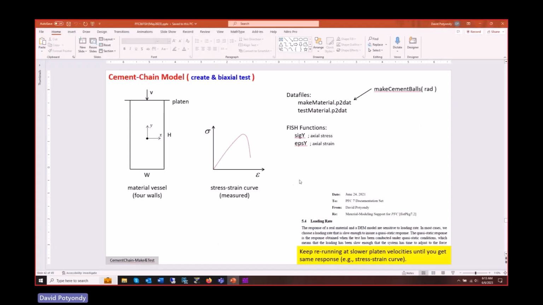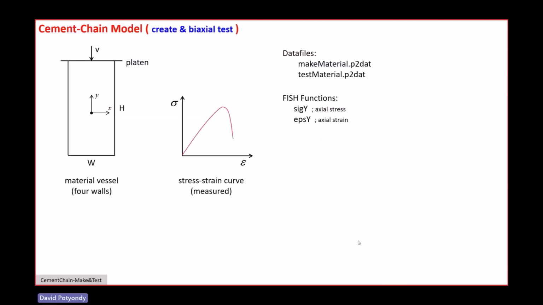Then we went through this and said, let's write a new data file that's going to create a material, and then test that material, right? So we said we have to write a function, a data file called make material.